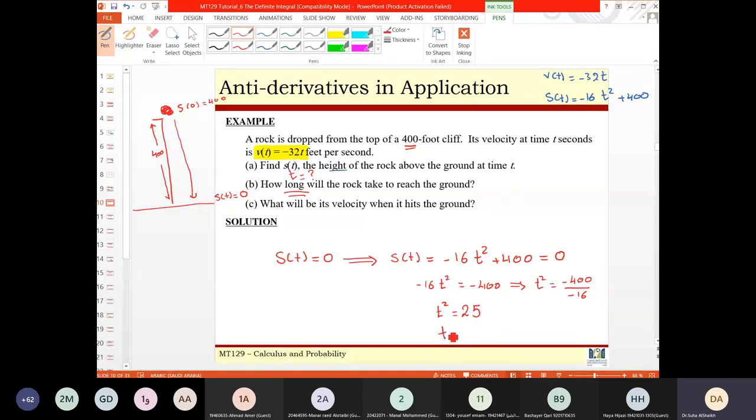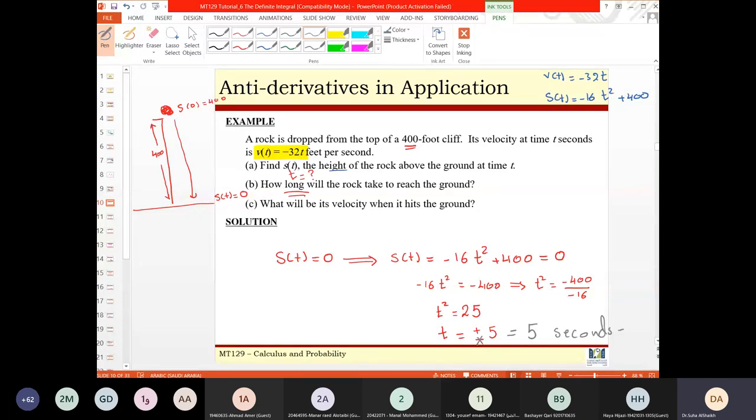Now of course, for T, I take the square root of both sides, right? It will be plus or minus 5. I cannot take the minus. The minus is rejected, right? So it's just plus 5. I'm talking about the time in seconds. So after 5 seconds, it will touch the ground.